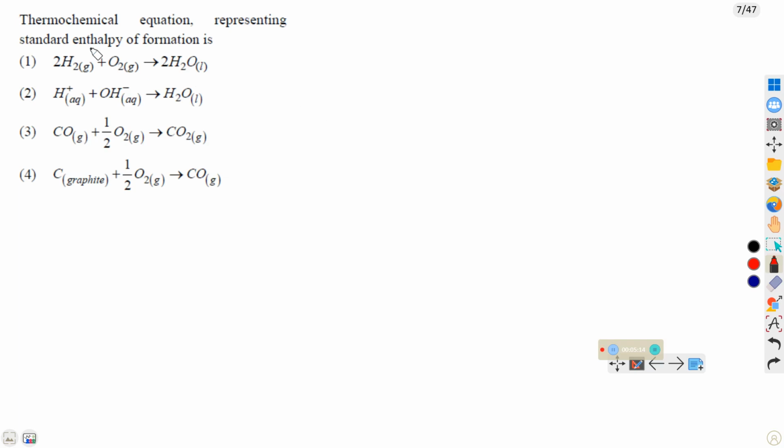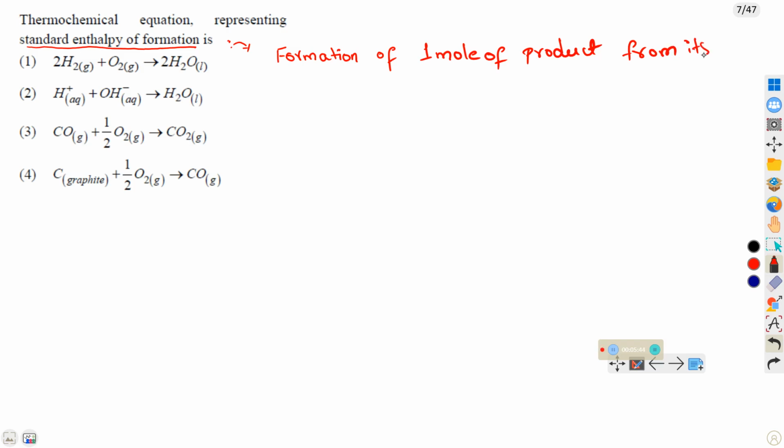Thermochemical equation representing standard enthalpy of formation. Standard enthalpy of formation means formation of 1 mole of product from its standard state.